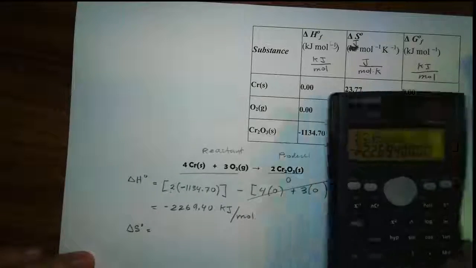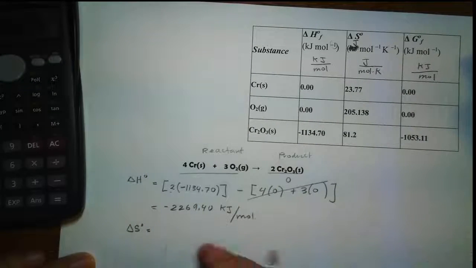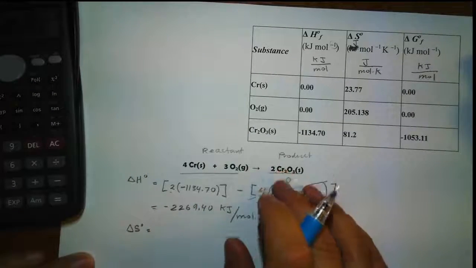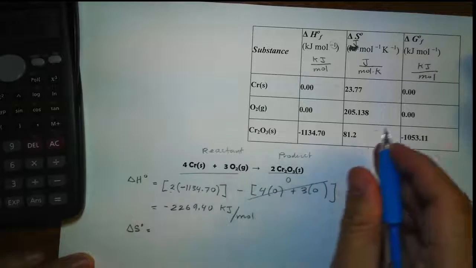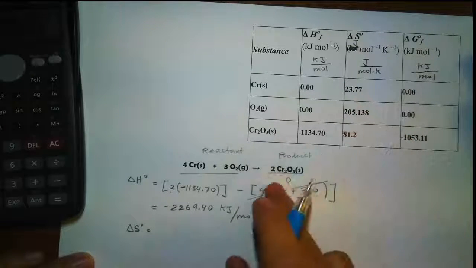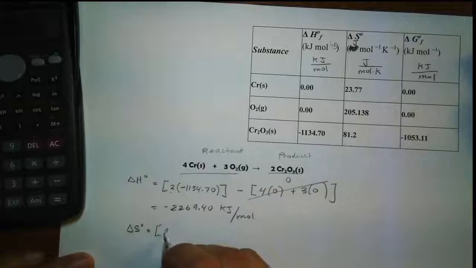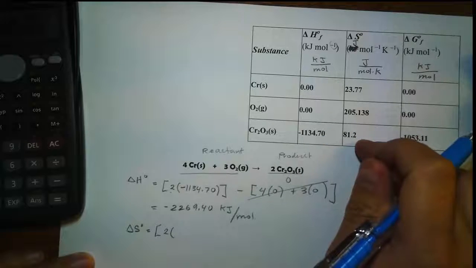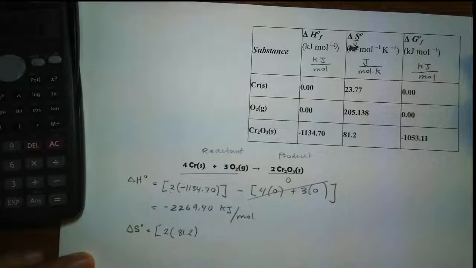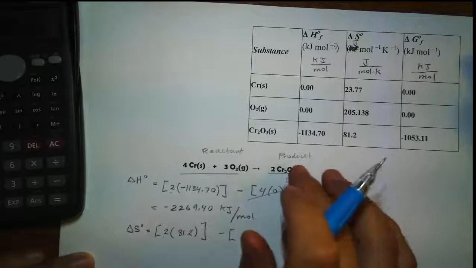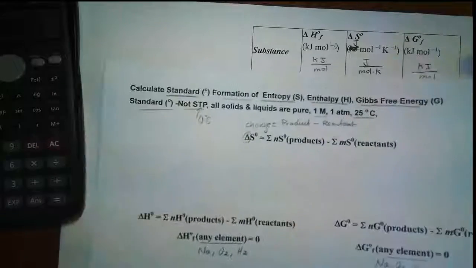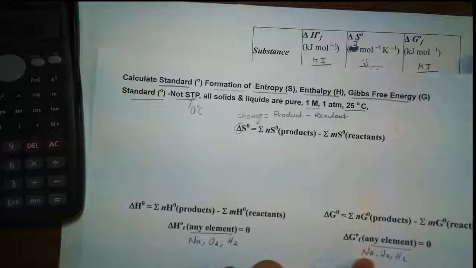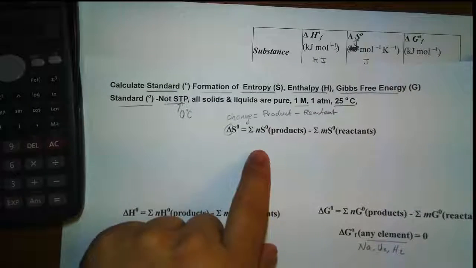Now let's solve for delta S naught. We're doing the same thing. We take the sum of the products minus the sum of the reactants. In this case, for the product, it is 2 times the delta S formation value, since we have 2 moles, minus the reactant. Remember the exception again? Only delta H and delta G are 0 for any element, but S is not.